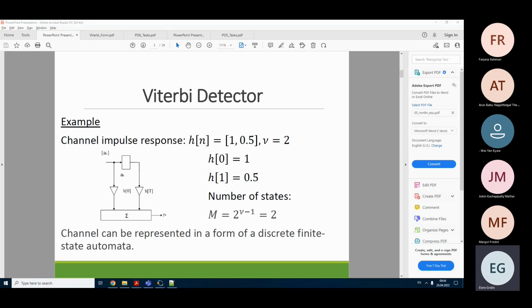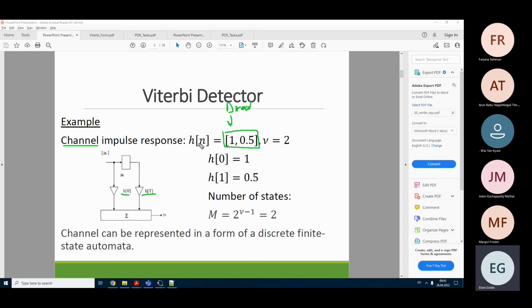First of all, let me remind you that we can represent our channel as a filter with impulse response coefficients. So for example, let us take a simple channel with one reflected path. We have a direct path, and in this direct path 100% of the energy is saved. So basically all the energy we have transmitted is received.